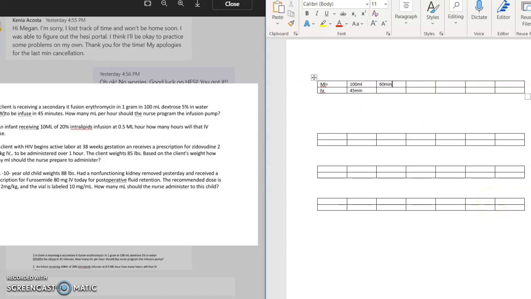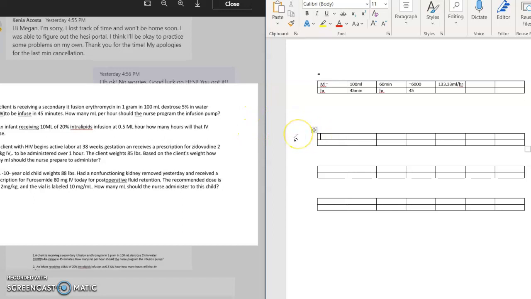You just need to convert 60 minutes to 1 hour to get your mils per hour, because then you can cancel minutes here and minutes here, and then you're left with 100 times 60 is 6,000 over 45, and you'll get 133.3333. So whatever the answer tells you to round to, it is 133.33 mils per hour, or however you need to round that one.